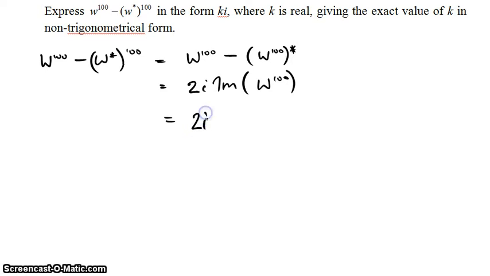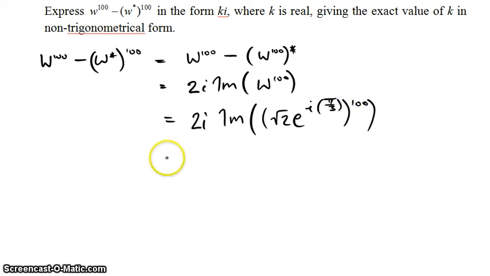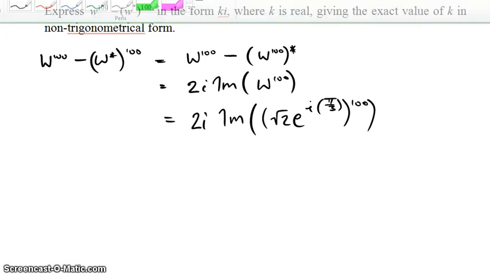Well, it's 2i, and then the imaginary part of w, which is root 2 e to the i pi upon 3, to the power of 100. Actually, sorry, there's no need to do that. I'm being a bit silly.